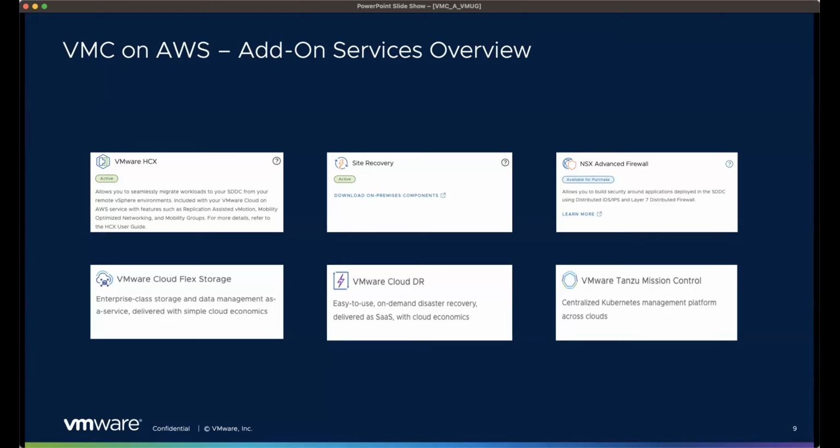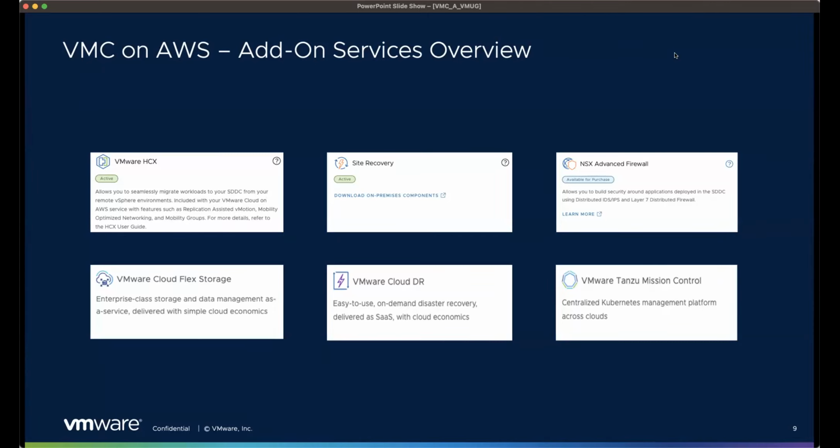VMware Cloud DR is also the product that we base our ransomware recovery service upon, which I'd be delighted to talk about in another VMUG session somewhere in the future in greater detail, because I'd be doing you a disservice in cutting that short.